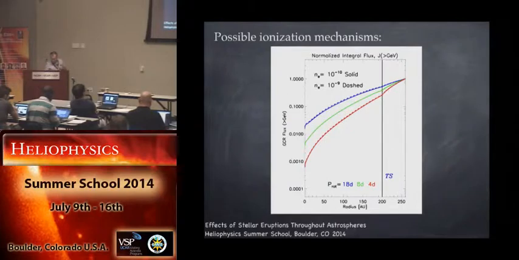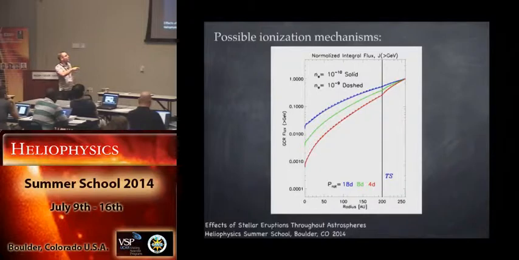So one thing Jeremy Drake and I did is to calculate the solution for the astrosphere of a T Tauri star. We had a ZDI observation for that, so we could drive the model. And then we calculated the intensity of cosmic rays from the edge of the astrosphere based on the standard ISM intensity all the way close to 1 AU, which is here.